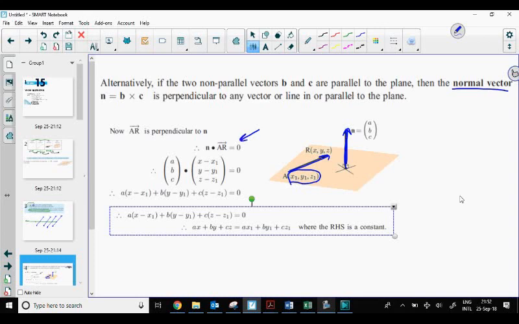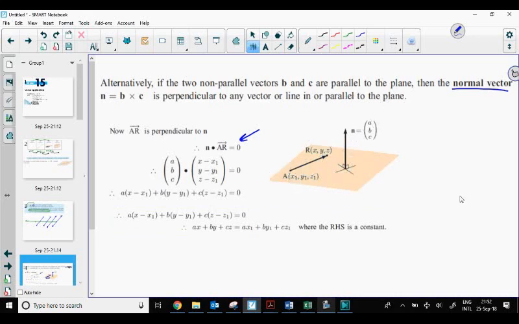Now that vector in the plane, vector AR, is simply going to be the coordinates of point R, which are unknown, so x, y, z, but we're going to subtract the numerical values from A that we do know. If those two dotted are equal to 0, then we can write out our dot product algebraically.